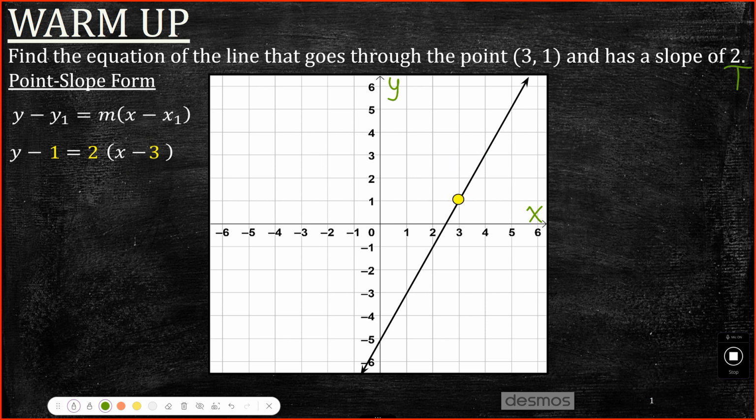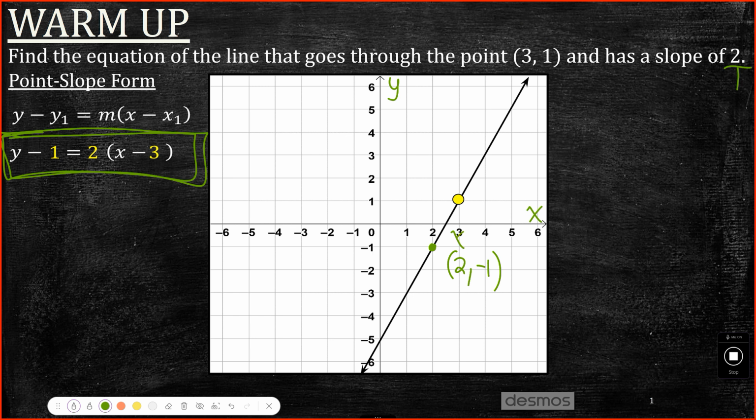Now, why is this equation true? Even more so, why is it always going to satisfy this line at every point? Let's choose any other point on the graph, for example this point on the line. This point is x equals 2, y equals negative 1. If you plug this x and y, now the variables, into this equation, it will satisfy the equation. It would be a true statement.